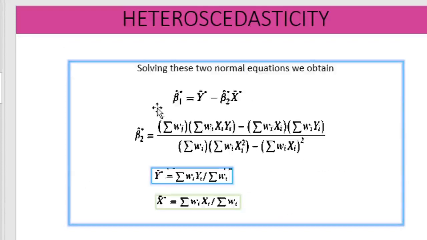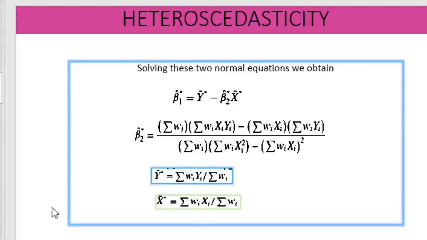Then from that we can derive the estimates, that is, beta 1 cap star equals y bar minus beta 2 cap star x bar, and beta 2 cap star equals (sum wi into sum wi xi yi minus sum wi xi into sum wi yi) divided by (sum wi into sum wi xi square minus (sum wi xi) the whole square), where y bar equals sum wi yi by sum wi.